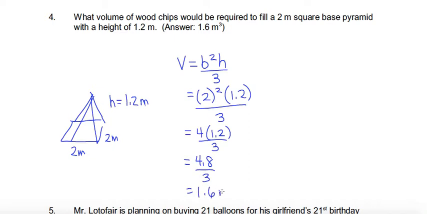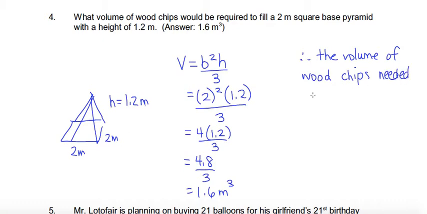My units are meters cubed. So therefore, the volume of wood chips needed is 1.6 meters cubed. And you could put fill the square base pyramid, but this is fine.